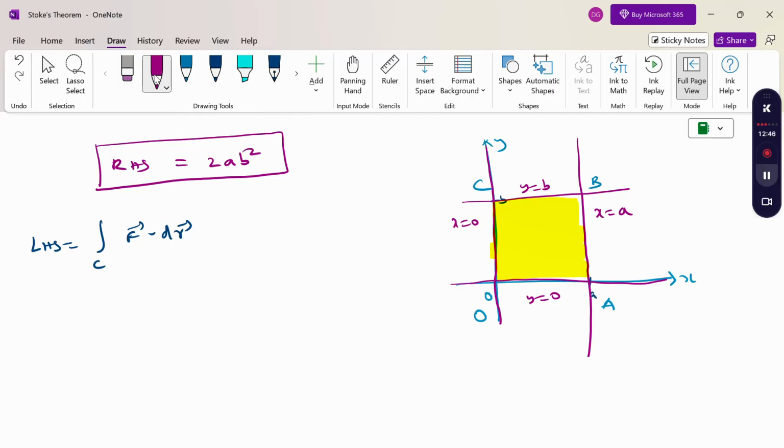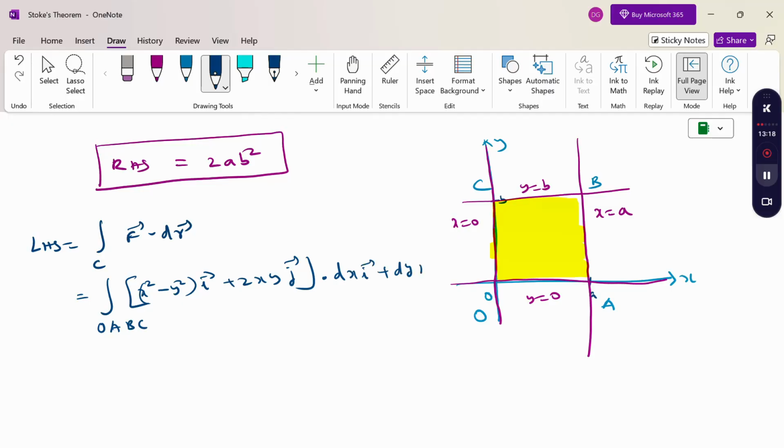Now O to A, so this line is nothing but O, A, B. So the integral over O, A, B, C of f vector, x square minus y square i vector plus 2xy j vector, dot dr vector, which is x i vector, y j vector, z k vector, so dx i vector, dy j vector. i dot i and j dot j give one, the other values 0.